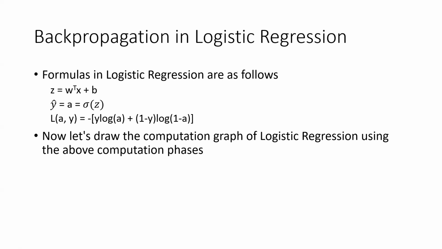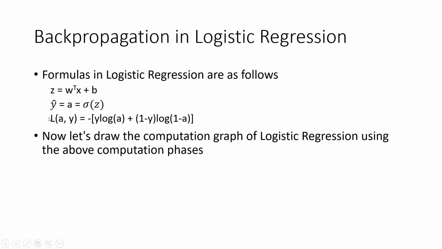So these are the formulas. If you have forgotten, these are the formulas for logistic regression. Z equals W transpose X plus B, right? So this is the linear combination, so this Z would be a linear value. Then you apply the logistic function sigma to Z, and you get the activation value, which is actually the output value or the Y value.